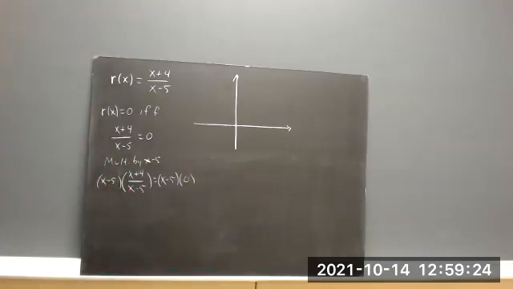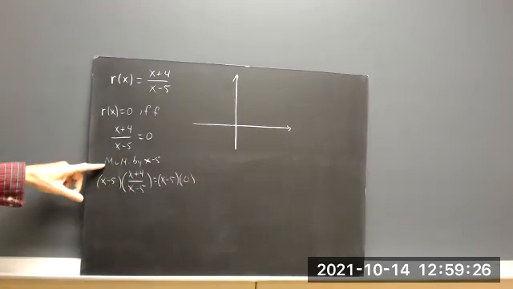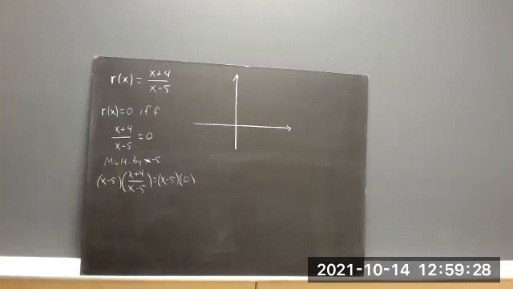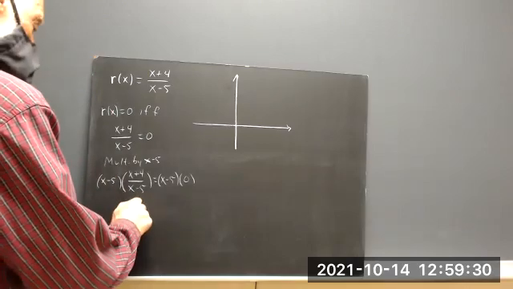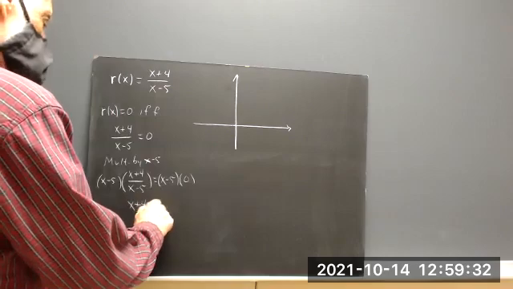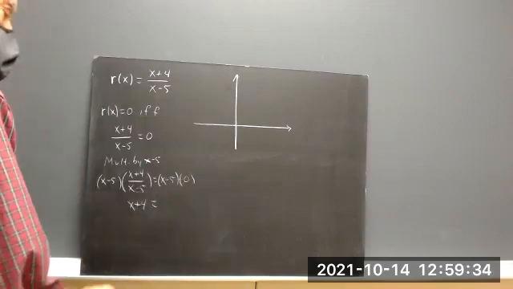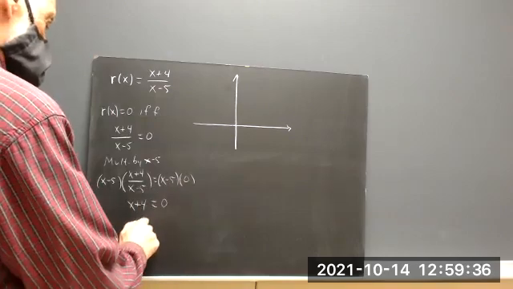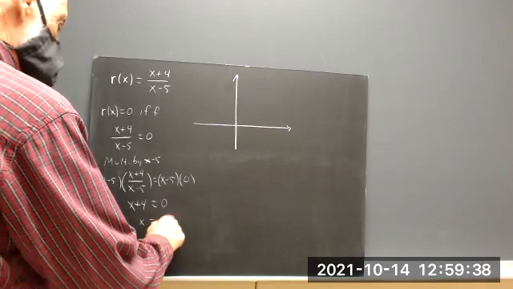This x minus 5 divided by this x minus 5 leaves us x plus 4, and x minus 5 times 0 is just 0, so x equals negative 4.